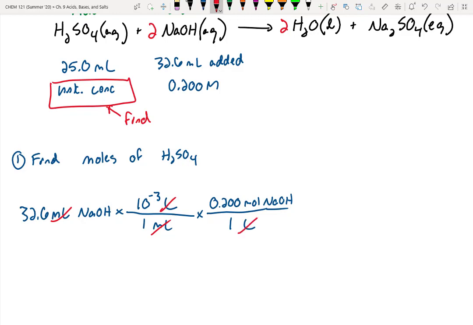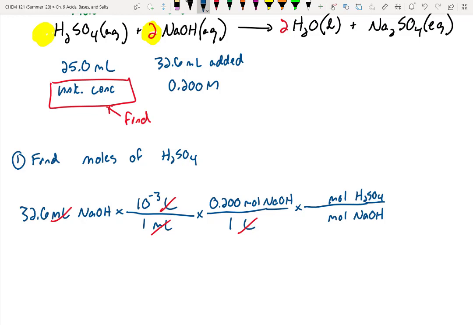Okay, but we need to now convert from moles of sodium hydroxide to moles of sulfuric acid. So I'm going to put moles of NaOH down here, and I'm going to put moles of H2SO4 up here. Well, if we go and look at our balanced equation, it looks like we've got 1 mole of sulfuric acid to 2 moles of sodium hydroxide, right?